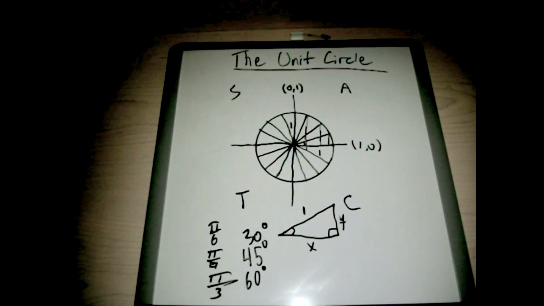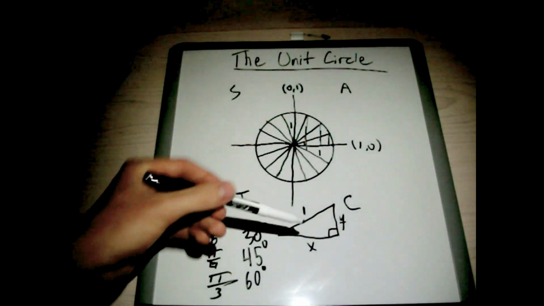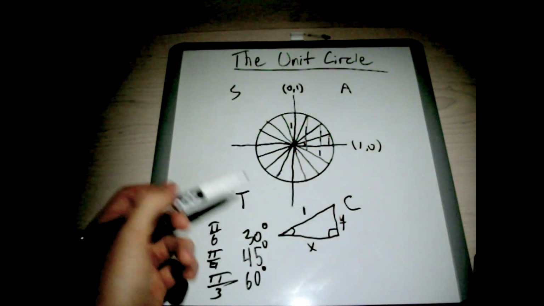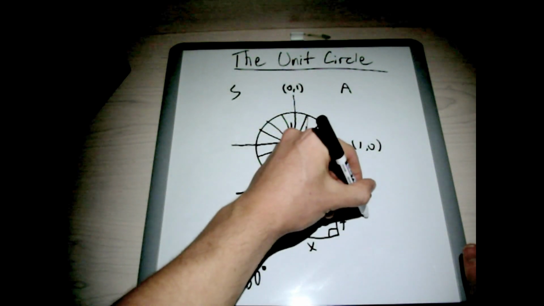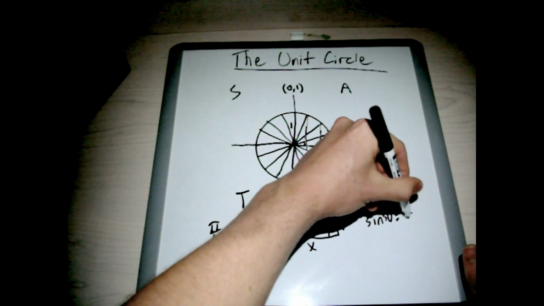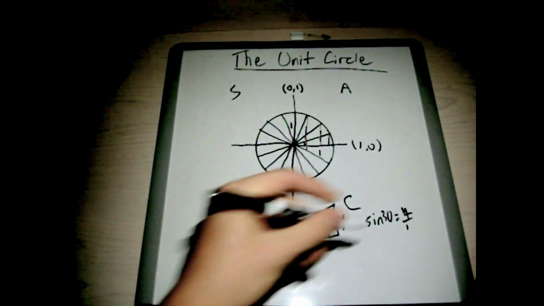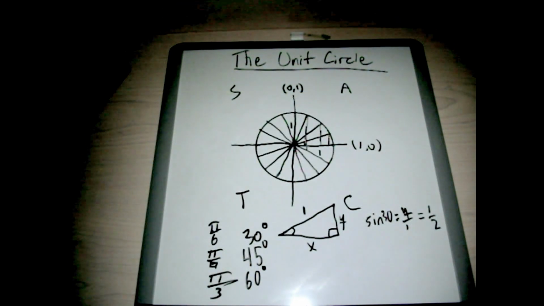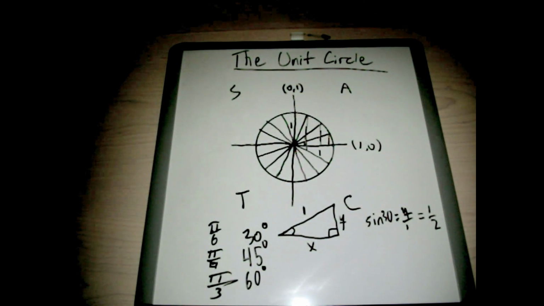Well, in order to find the y, you'll say, oh, okay, it's opposite over hypotenuse, so sine of 30 equals y over 1. And that comes out to 1/2. So there's our y coordinate.